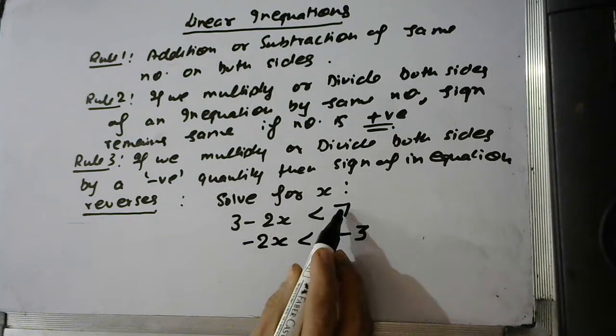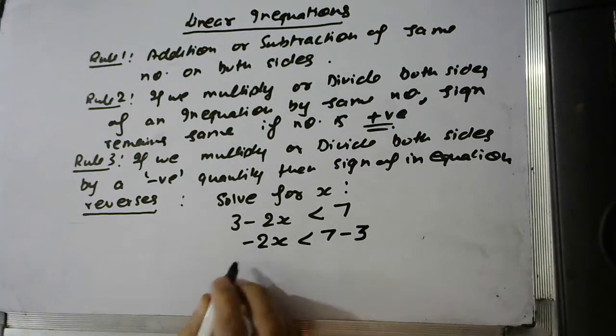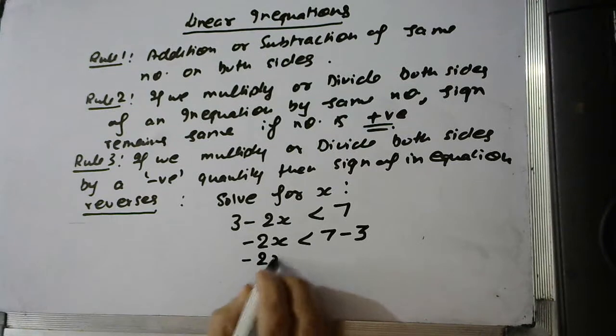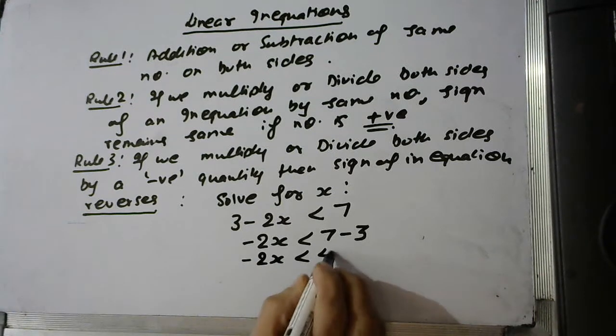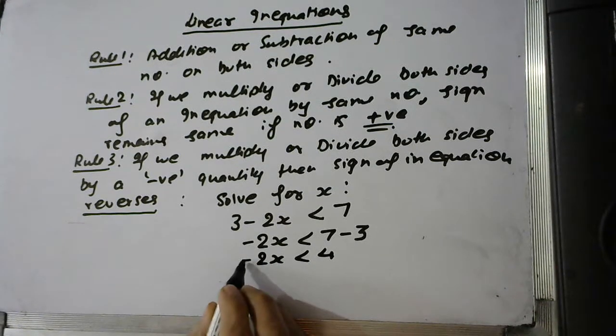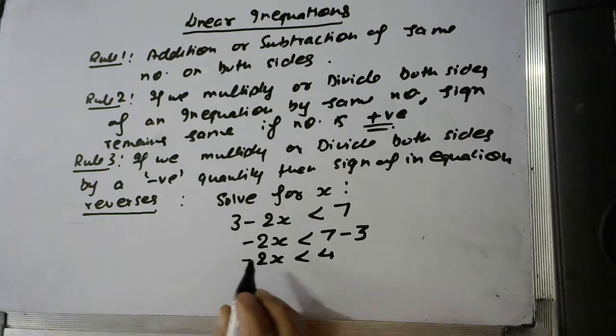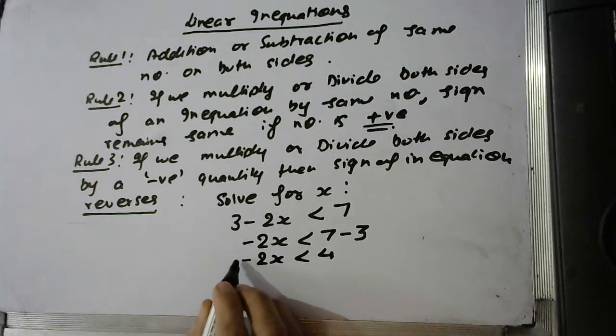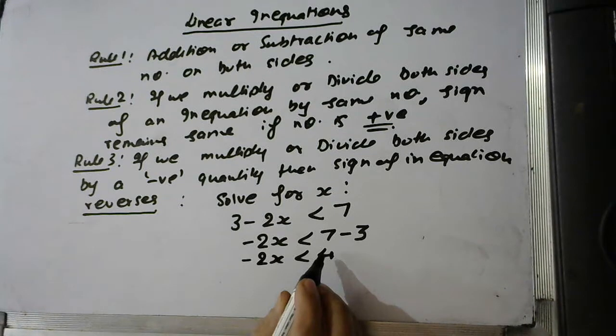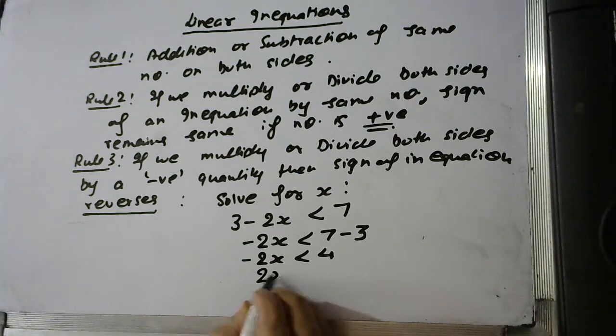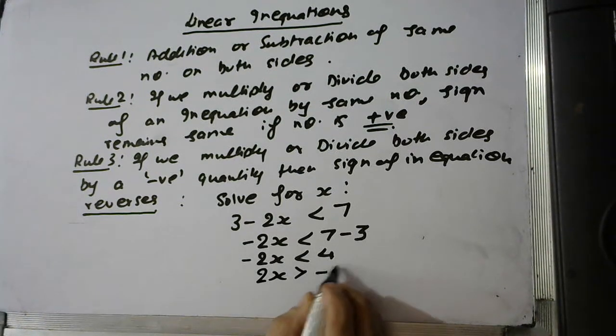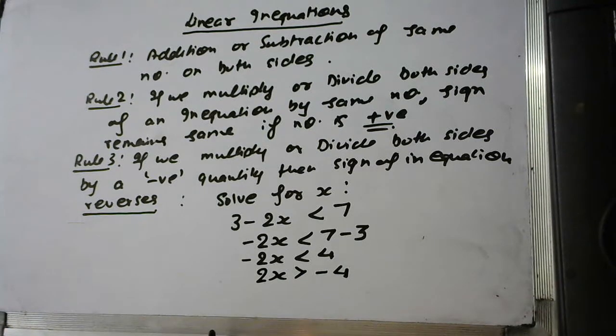Addition becomes subtraction on the right side. So I arrive at, now in my next step I will multiply both sides by -1 and the sign of inequality reverses. Now divide both sides by 2 to arrive at the final result.